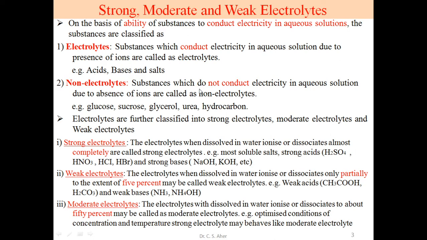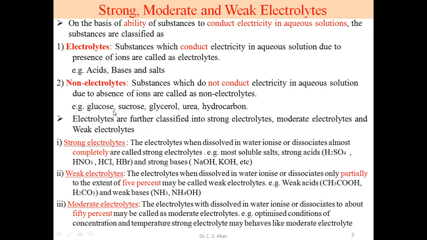Non-electrolyte: a substance which does not conduct electricity in aqueous solution, due to the absence of ions, is called a non-electrolyte. For example, glucose, sucrose, glycerol, urea, hydrocarbons. See, when we add NaCl in water, it forms a salt solution.